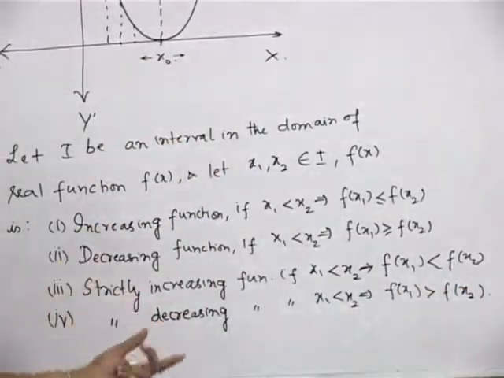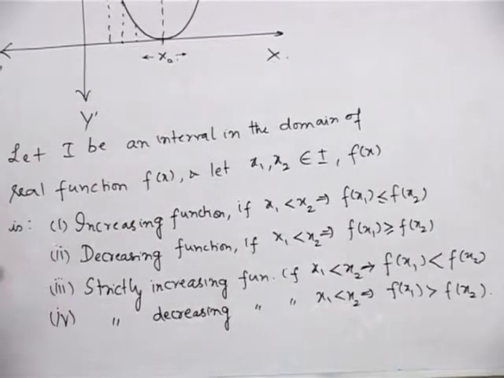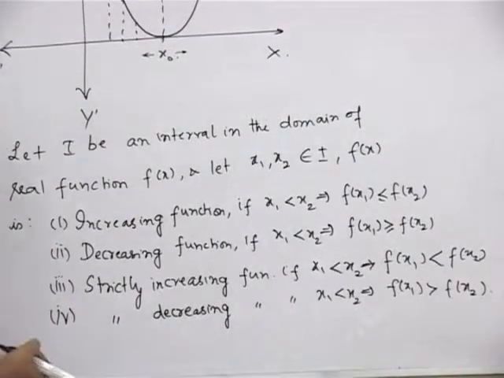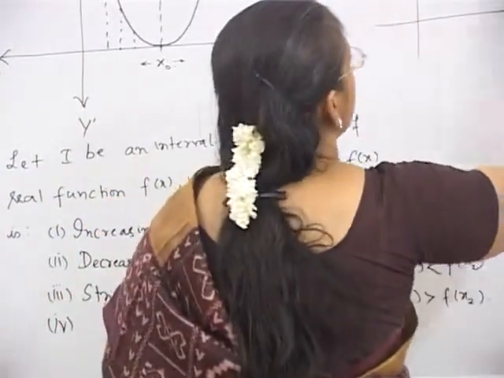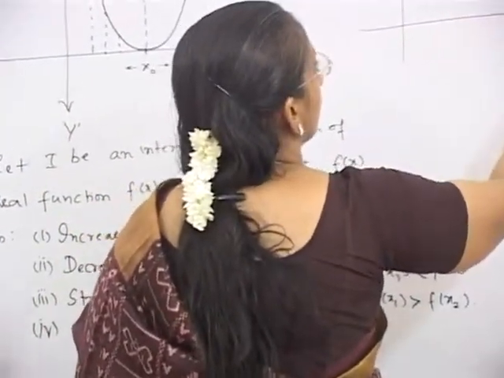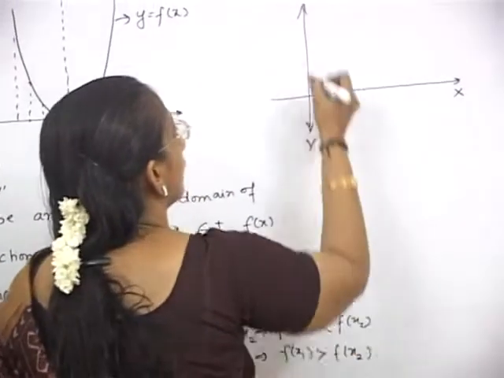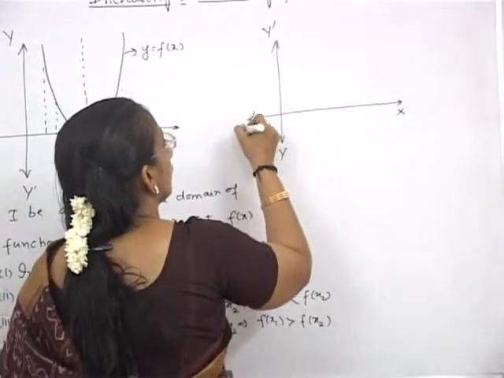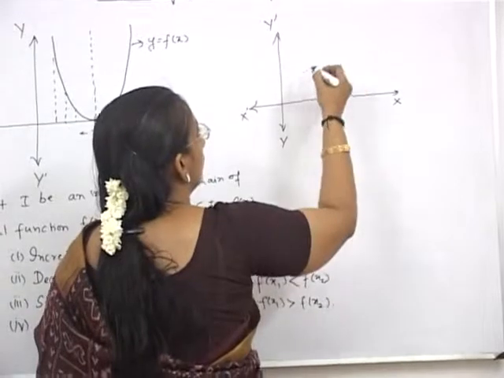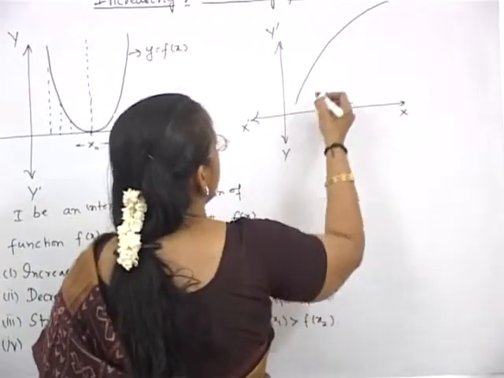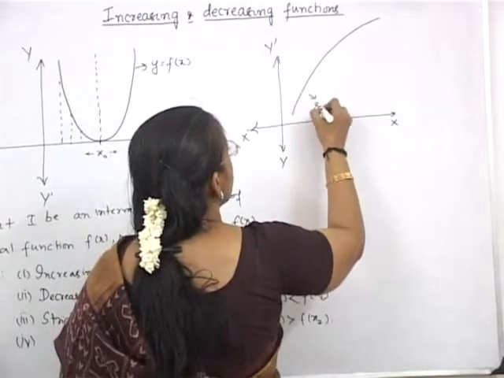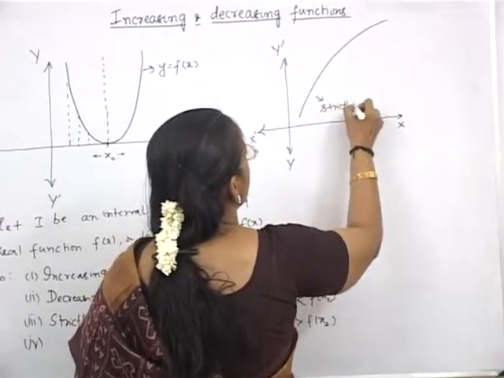Now let us see a few graphs which will explain increasing and decreasing and strictly increasing and strictly decreasing functions in a better way. A strictly increasing function.